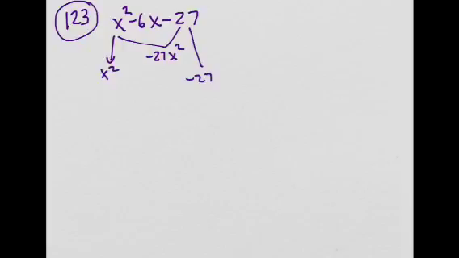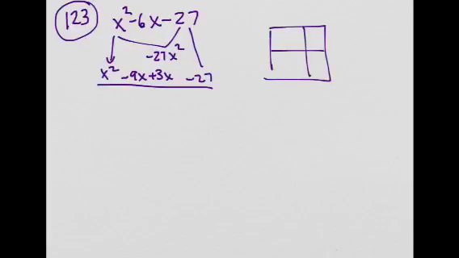So negative 9x and 3x. So these 4 terms right here go into a box. Just put them in order, okay? So x squared, negative 9x, 3x, negative 27, and then you start factoring out greatest common factor.